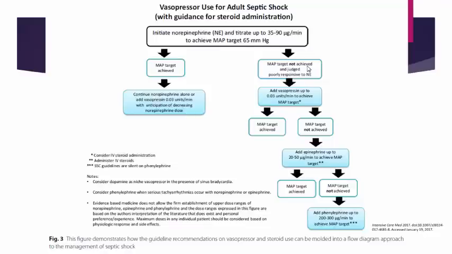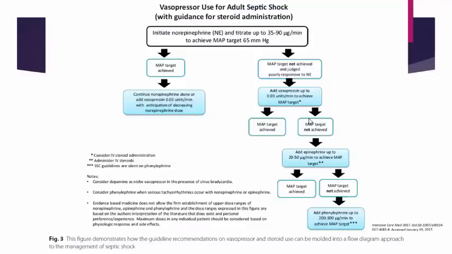If your MAP target is not achieved after you've maxed out your norepinephrine dose, then you can add vasopressin. If it's still not achieved, then what these little stars mean is that you should consider IV steroid administration.